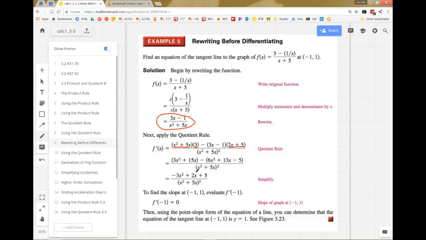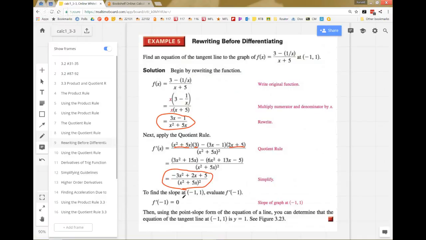Multiply it out. 3x squared plus 15x minus 6x squared. And then, anyway, then you bring it all, you finally solve for simplifying, getting the like terms together on the top. And here is your general derivative. So that's the f prime of x.